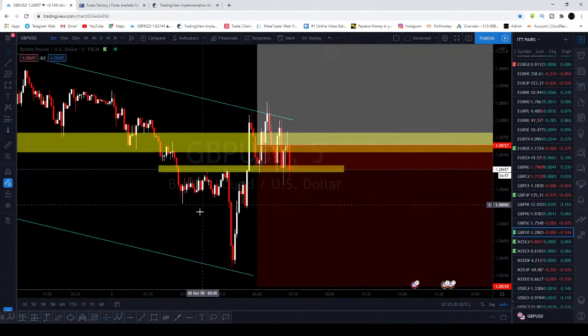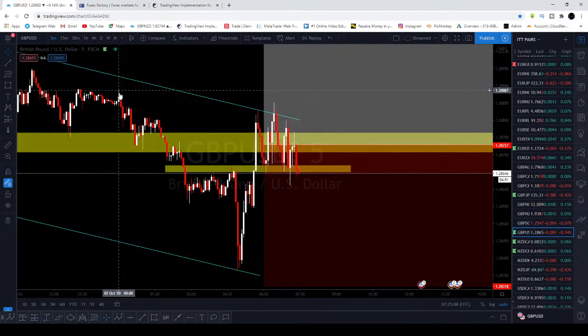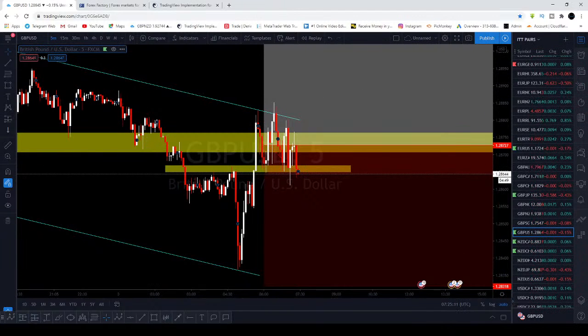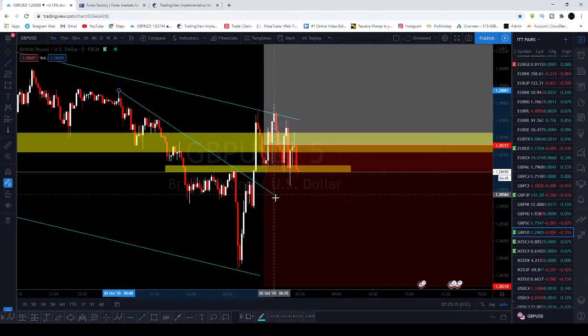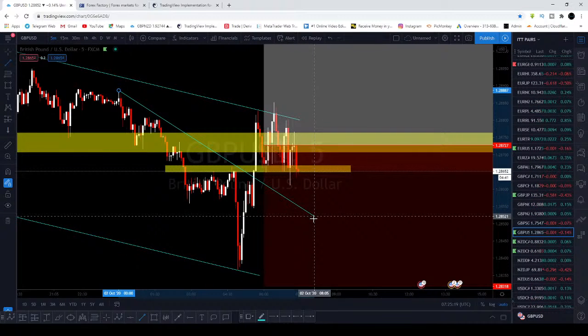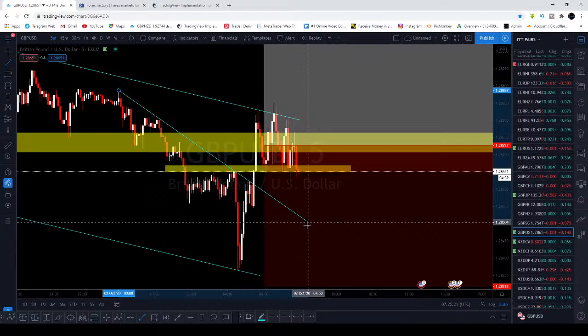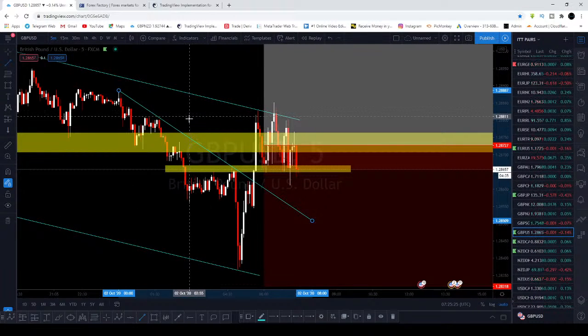So let's try to see what is going to happen on this particular pair. This is another possible support.